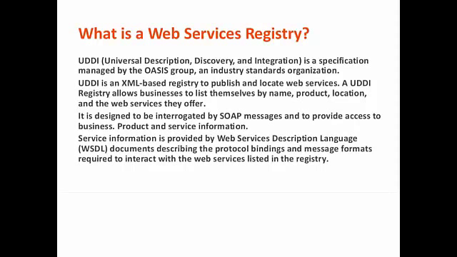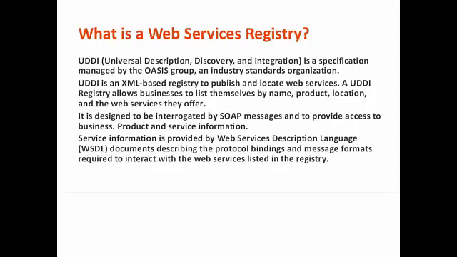But the main thing that it provides is the endpoints used for the web service and the WSDL documents. And as I described, the WSDL documents have the protocol bindings and the message formats required to interact with the web service. And that's all listed in the registry. If you look at the UDDI spec, there's something called white pages, and that's the business info.